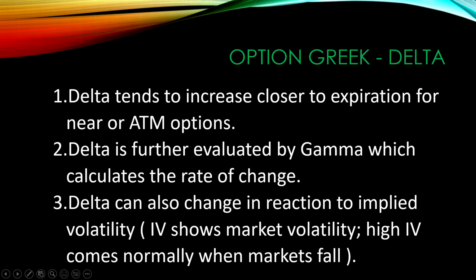So delta can also change in reaction to implied volatility. Normally the term is IV. So IV shows market volatility. High IV comes normally when markets fall. You must have heard of India VIX, implied volatility. There are many terms.